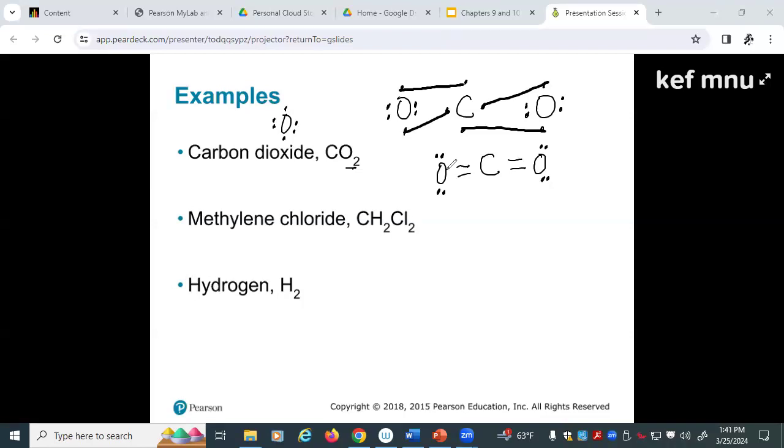So carbon meets the octet rule. Oxygen meets the octet rule. Everybody meets the octet rule. And all of our unpaired electrons are now paired up. That's exactly what we want out of one of these Lewis structures. We want to hit all of those criteria.